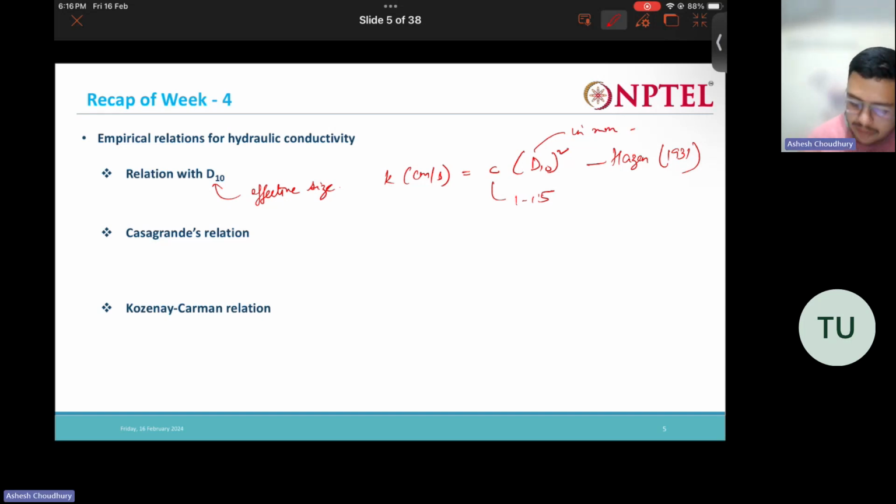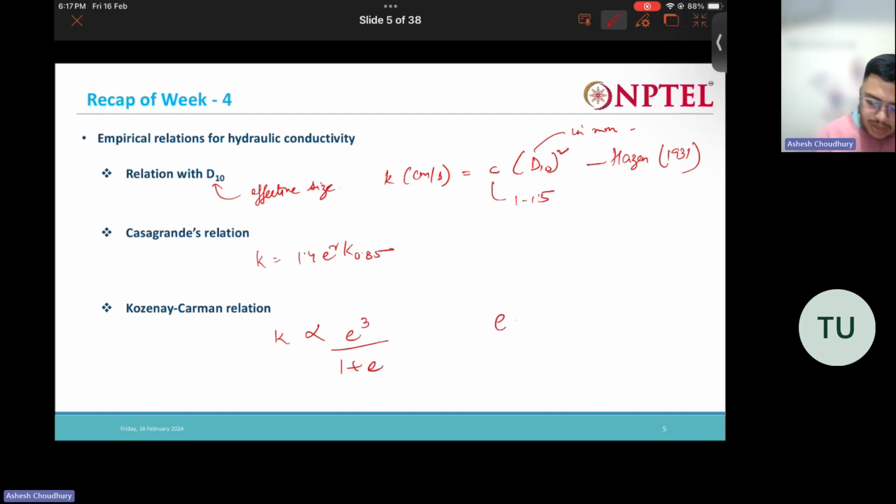You can see that if this D10 size is increasing, obviously K is also going to increase. Then one more relation was given by Casagrande, K = 1.4 e squared, K = 0.85, and also K is proportional to e cubed by (1 + e).